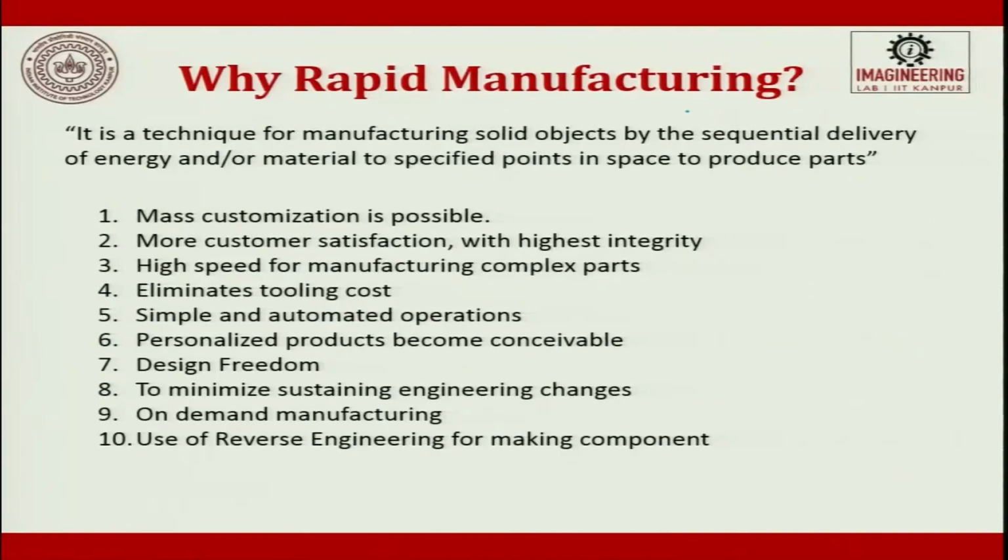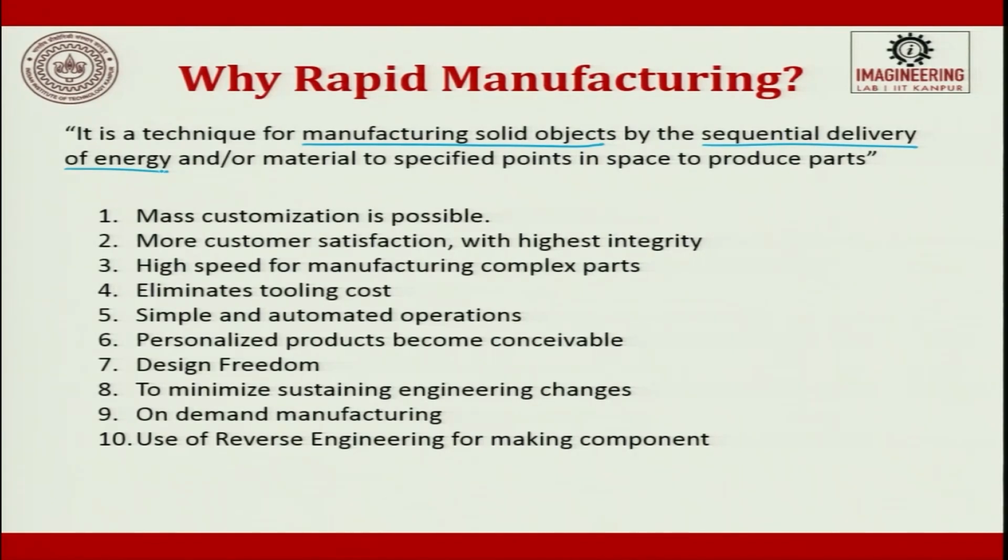So, why rapid manufacturing? It is a technique for manufacturing solid objects by the sequential delivery of energy and or material to specified points in space to produce parts. Please see a lot of keywords: manufacturing technique for producing solid objects by sequential delivery of energy.